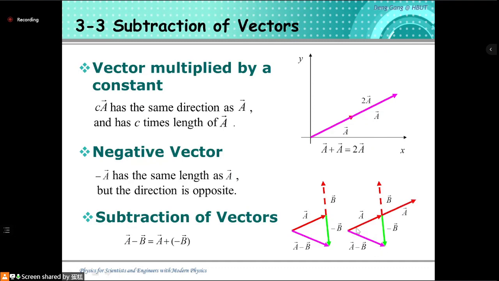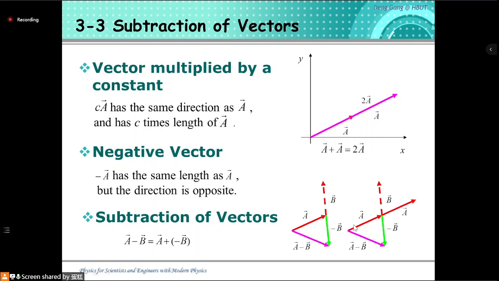But this is not that convenient because you always need to find the opposite direction. If we can find another method where we do not need to find the direction of minus B, the opposite direction, that would be better.